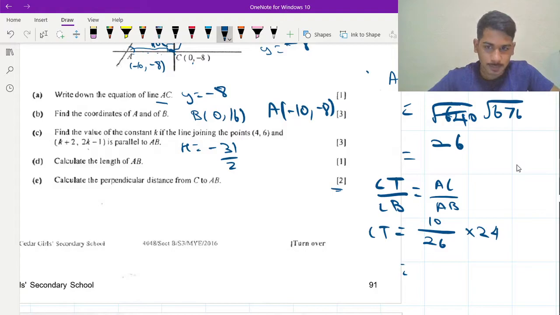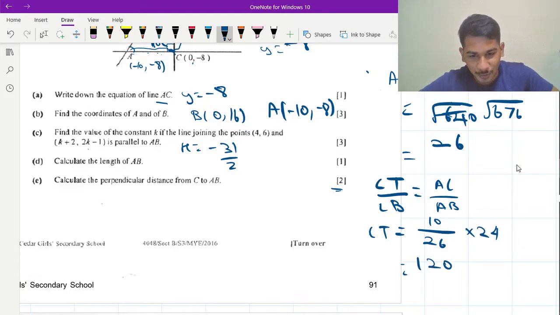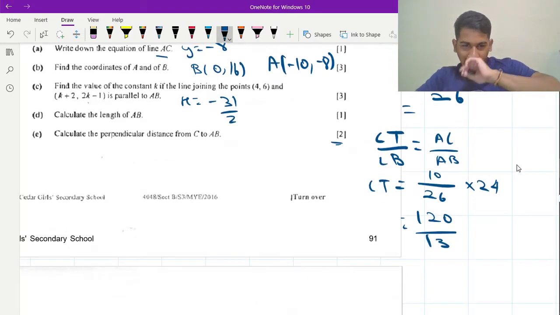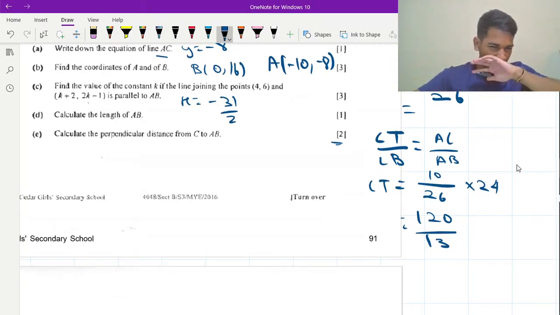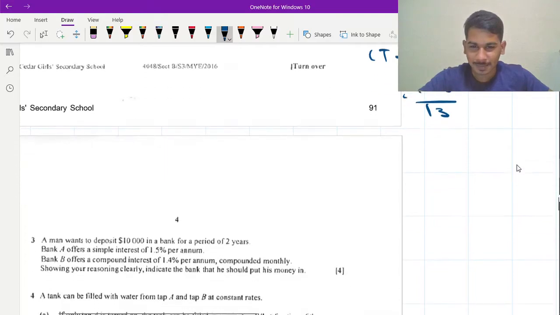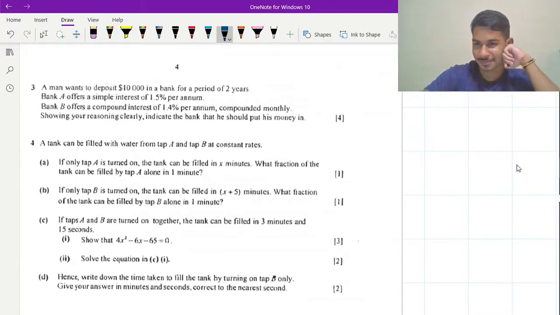I have good hope for this. 10 over 26 times 24. 120 over 13. I'm just going to leave it like that. Never mind, let's continue. Sorry for yawning.